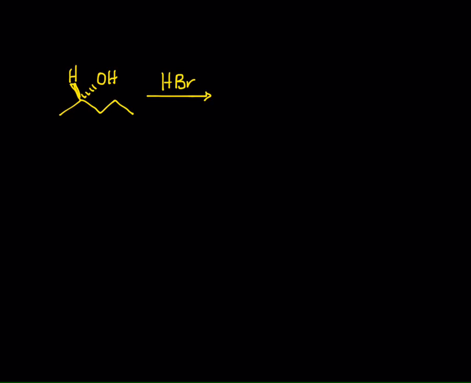We've seen that you can take alcohols and treat them with HBr or PBr3 or SOCl2, and you can make alkyl halides this way. Now, in all of those processes, what happens? When I take the alcohol and treat it with HBr, I protonate the OH, it comes off, and it forms a carbocation. Bromide can come in and attack the p orbital from either side, and therefore I get both stereochemical products.